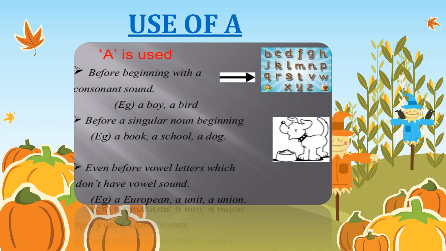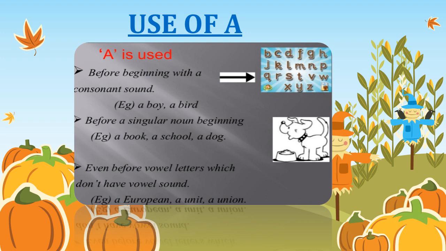A unit. The word begins with a vowel letter U, but the sound is coming of Y-O-U, which begins with consonant letter Y. A union.